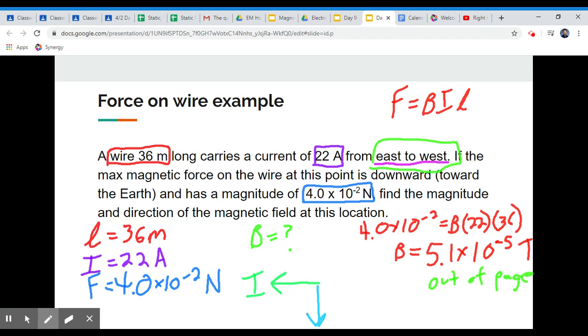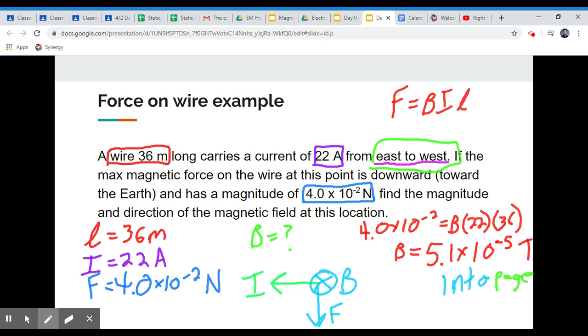Okay, so now we're going to have our force downward. So now we redo this, and we'll have our current actually pointing to the left. Force is pointing down, and now we're actually going to be going into the page. My apologies. So this would actually end up being an X going into the page for my magnetic field.